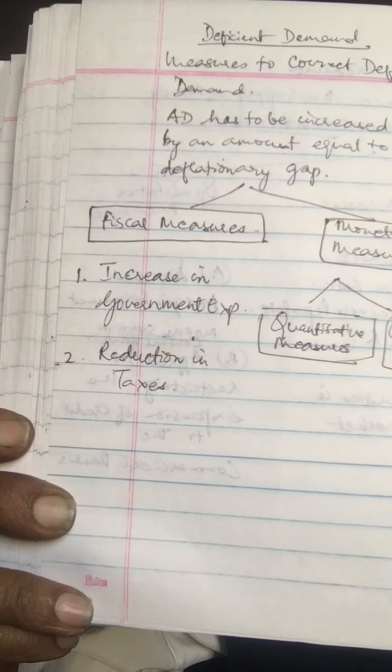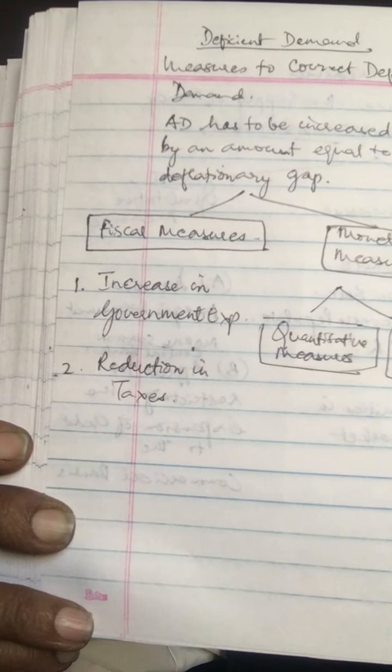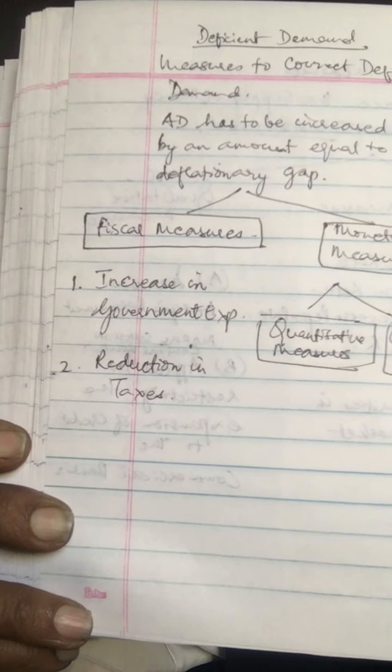And then for monetary measures, you see I've written quantitative measures and qualitative measures. So there are also monetary measures with which we can correct the deficient demand. What we did in excess demand, if we just go absolutely diametrically the opposite, that's how we'll be able to bring about the deficient demand up to the full employment equilibrium.